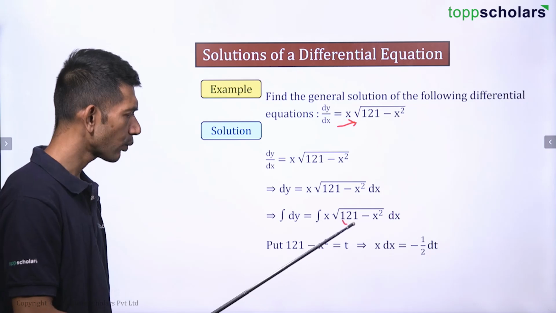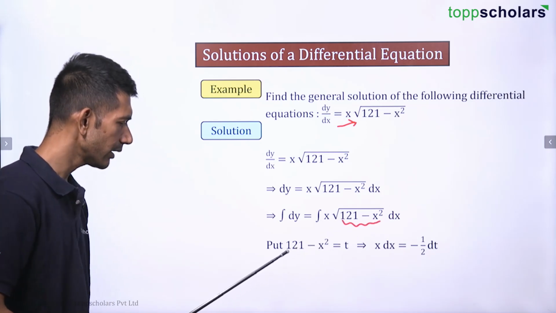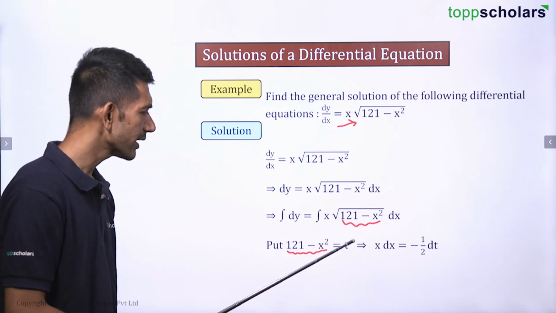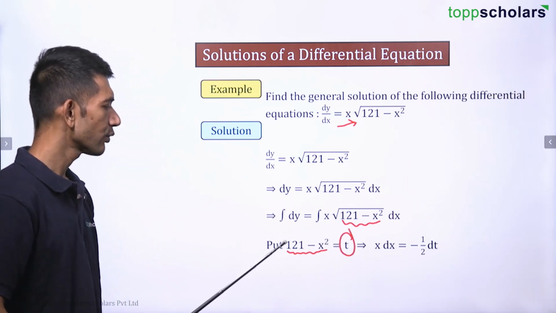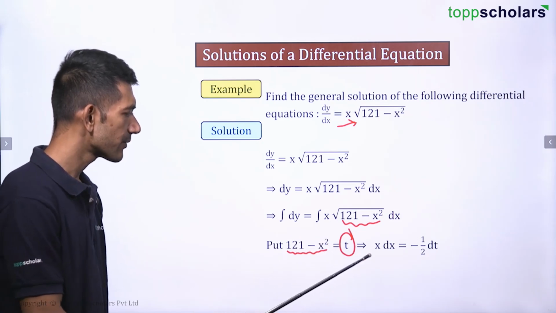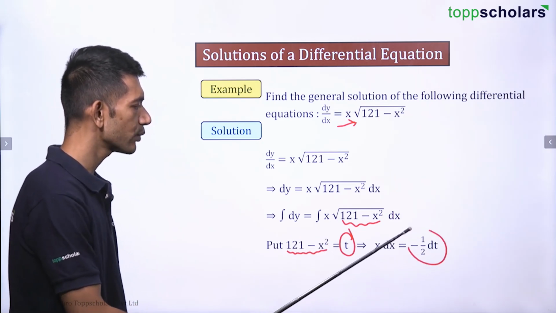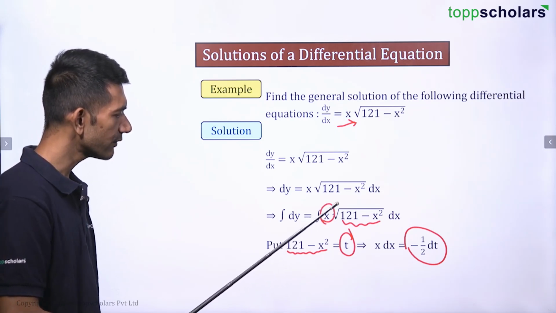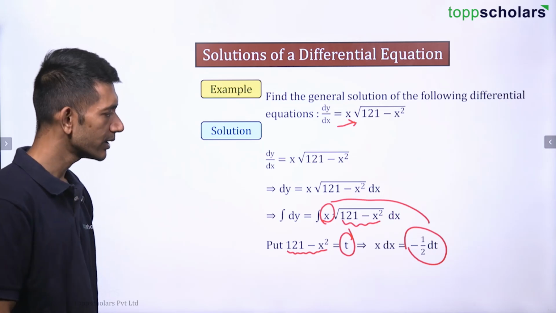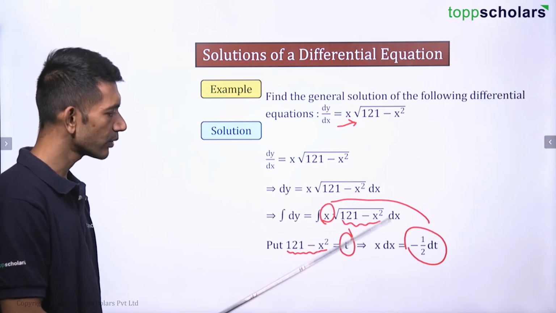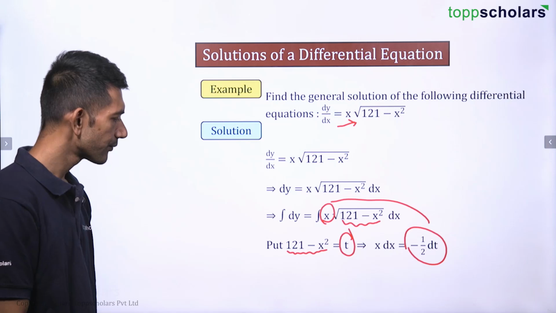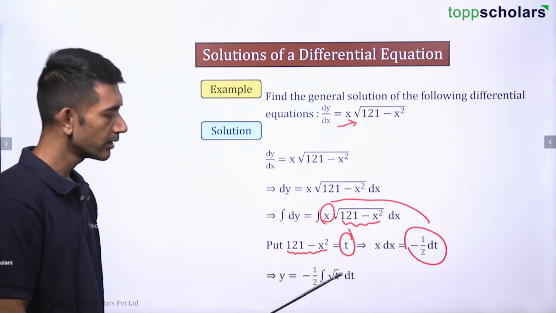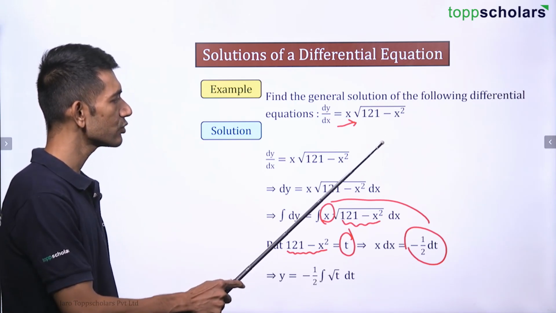We put 121 minus x square as some variable, say t. If I differentiate, I get x dx is equal to minus 1 by 2 dt. So instead of x dx, I'll put minus 1 by 2 dt, and inside the square root is t. So you get y is equal to minus 1 by 2 integration of root t dt. Root t is nothing but t raised to 1 by 2.